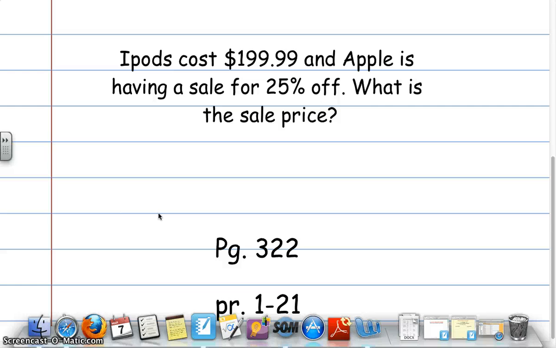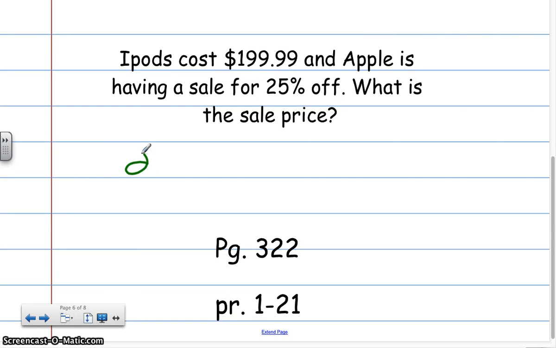So to determine my discount for this example, my discount is my percentage, which is 0.25 times my 199.99. Plug that into my calculator. And I get $49.99, so I say $50.